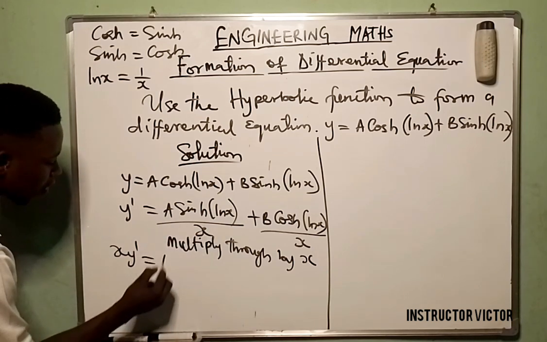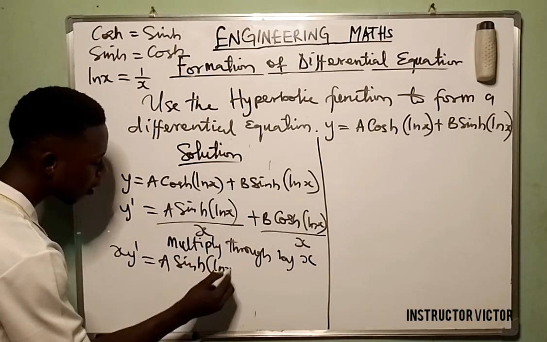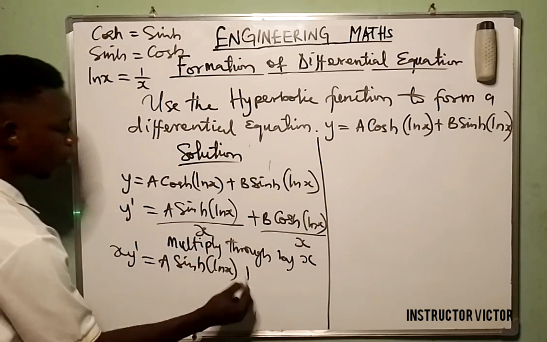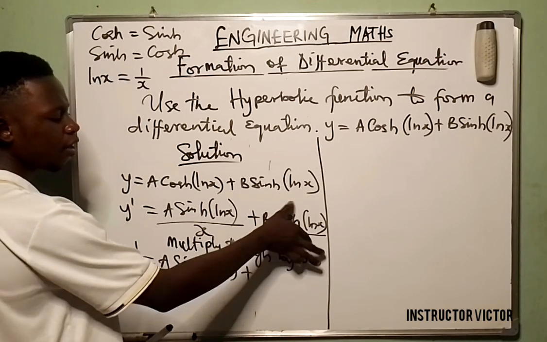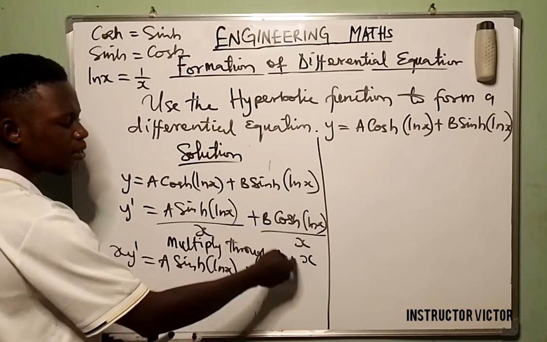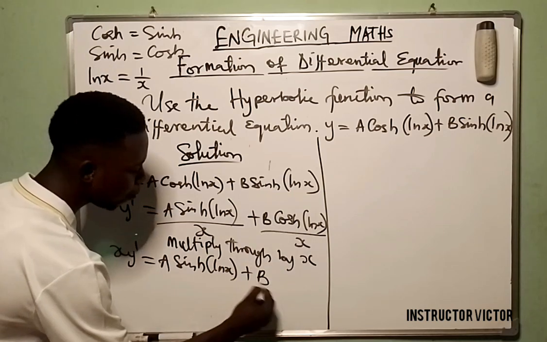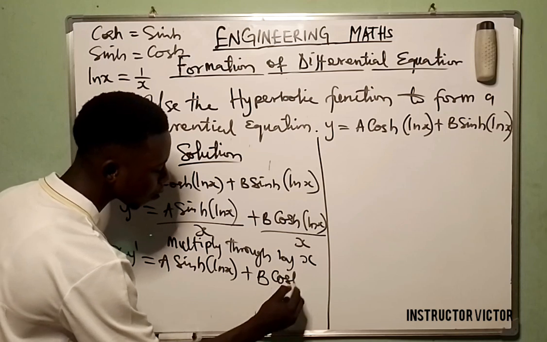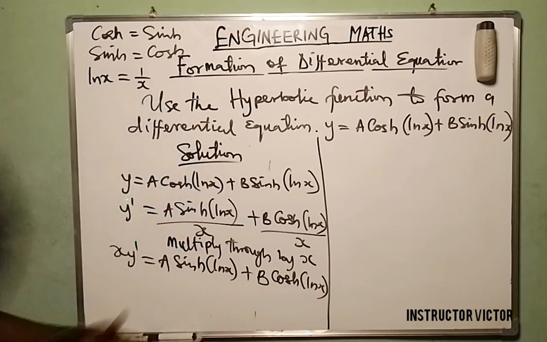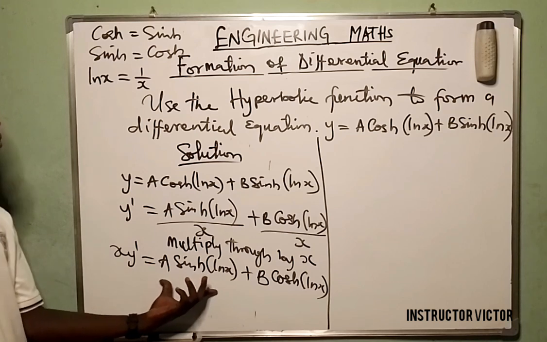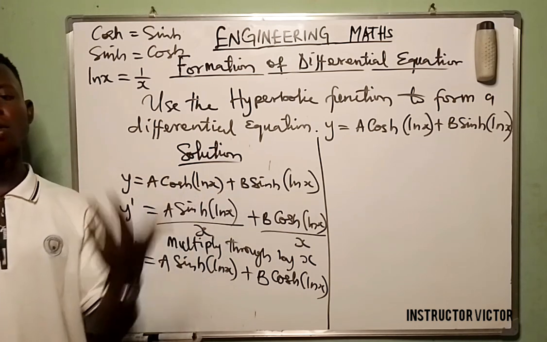You will be left with a sin ln x plus, when x multiplies what we have on this particular place, the x will cancel the one in the denominator, and you will be left with only this function, which is b cos ln x. So that is that. Now we have to undergo another differentiation, because we have two arbitrary constants.